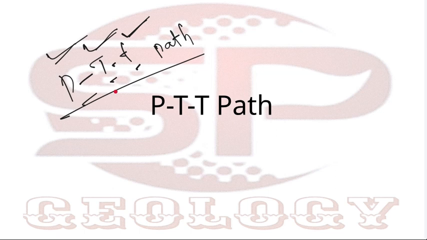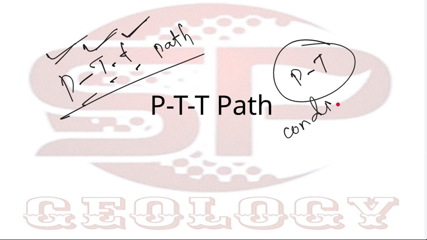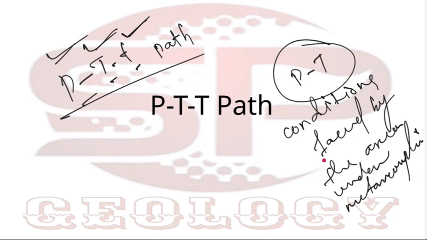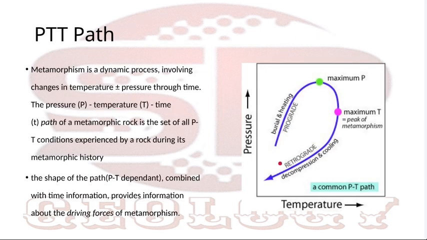Taking these three entities, we have created a diagram, or you can say a curved path, which represents the PT conditions faced by the area under metamorphism. So this PTT path represents these things.